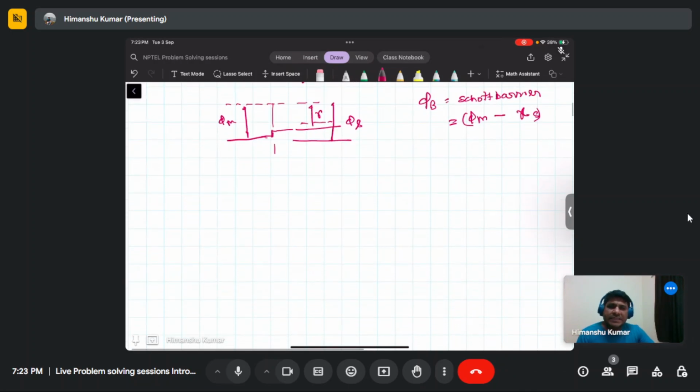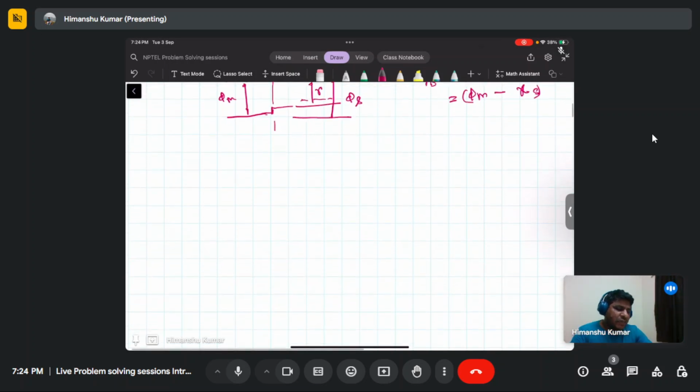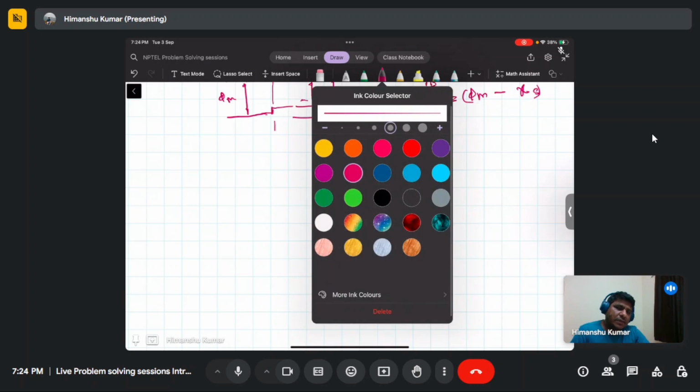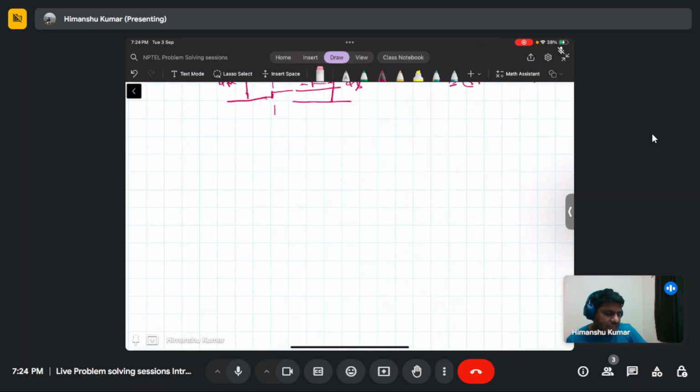Now if we draw the band diagram, there are different cases of metal semiconductor junction. Two types of contacts exist in the metal semiconductor junction.